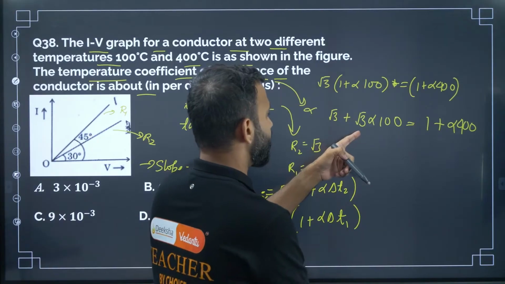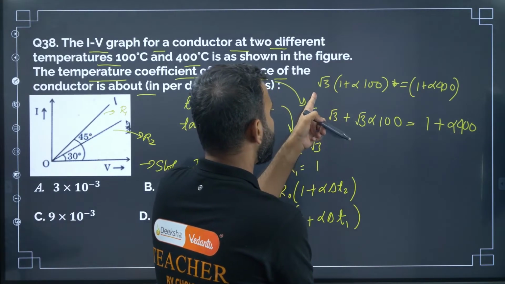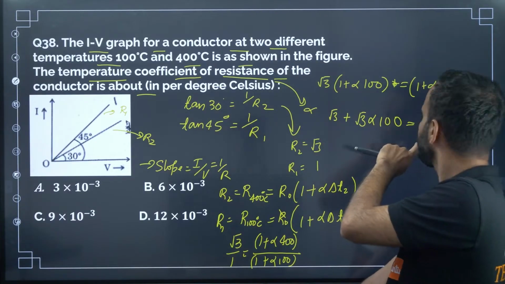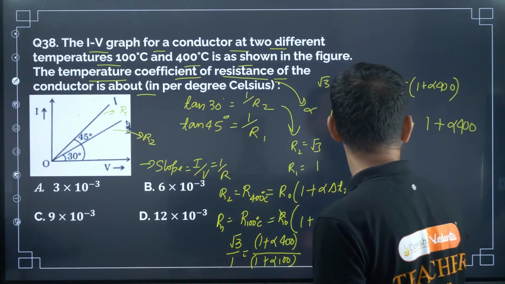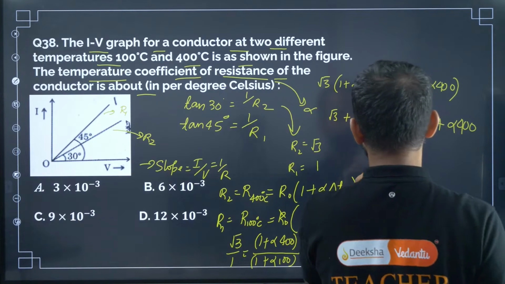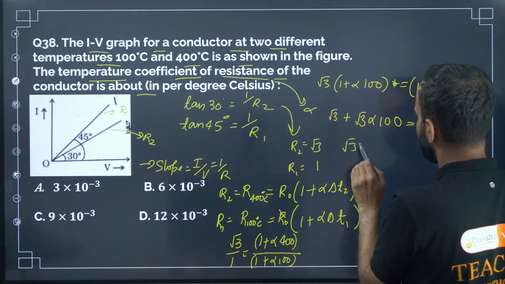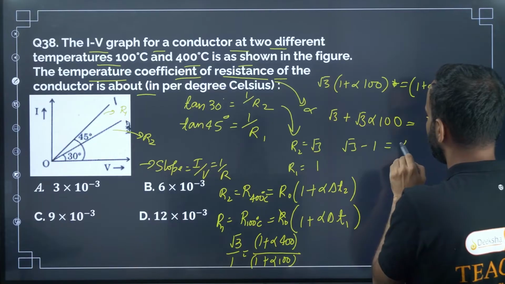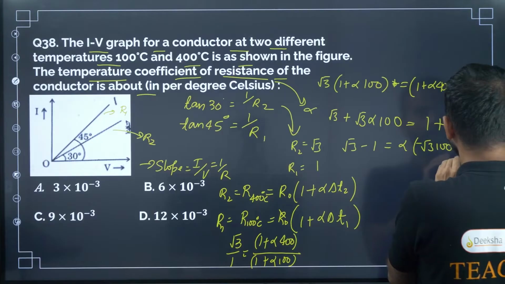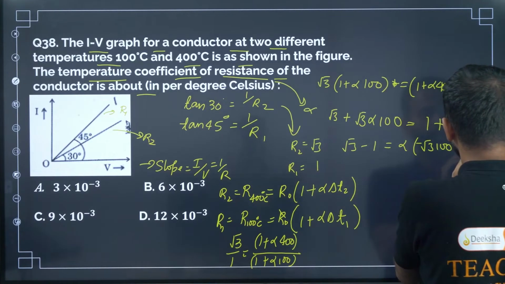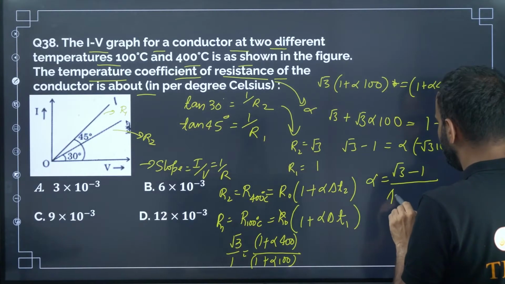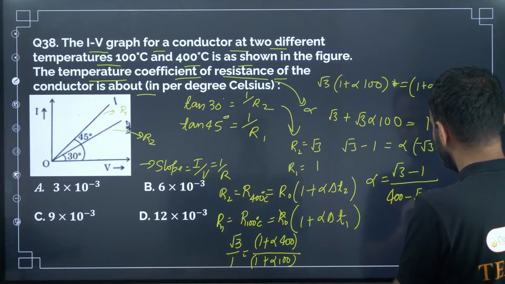So root 3 minus 1 equals alpha into 400 minus root 3 into 100. So alpha equals root 3 minus 1 divided by 400 minus root 3 into 100.